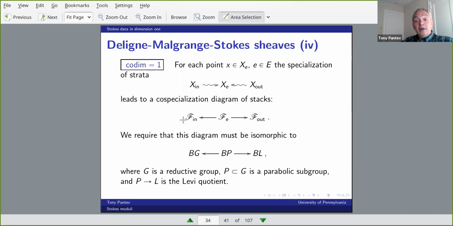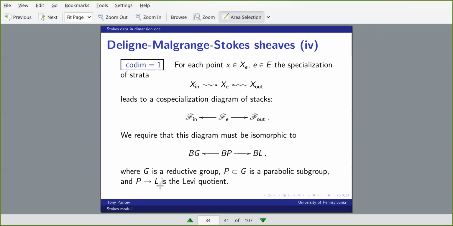But remember, the value of the sheaf on the inner or outer stratum was the classifying stack of a reductive group. And so the condition is that these co-specialization maps are just the maps to a BG on the inner stratum and a BL on the outer stratum from a BP, where G is a reductive group, P is a parabolic, and L is the Levi quotient of that parabolic.